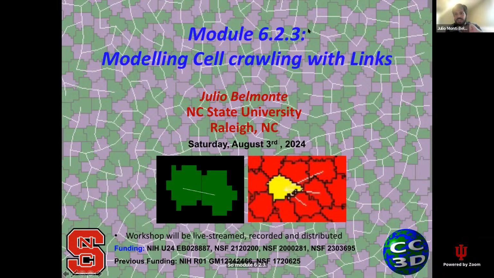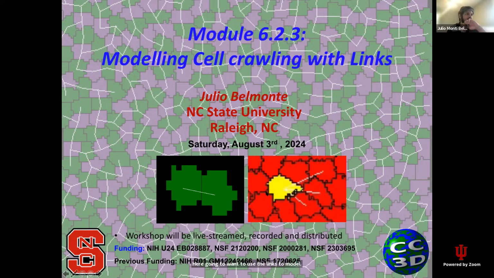You probably have seen cell movement due to chemotaxis, cell movement due to internal cell propulsion, where you move cells by adding a force to them. You have probably seen some movement because they're chemotaxing away from a gradient, but here I'm going to use the links to model cell crawling.